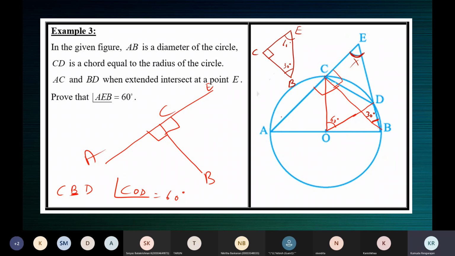So this angle is 60 degrees, which means angle AEB is equal to 60 degrees.